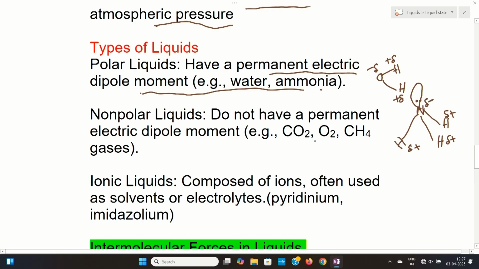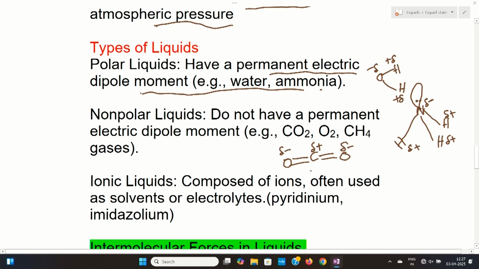That means the dipole moment will be 0. If we see examples like carbon dioxide, here in the case of carbon dioxide, both the oxygens have a partial negative charge, and the carbon has a partial positive charge.